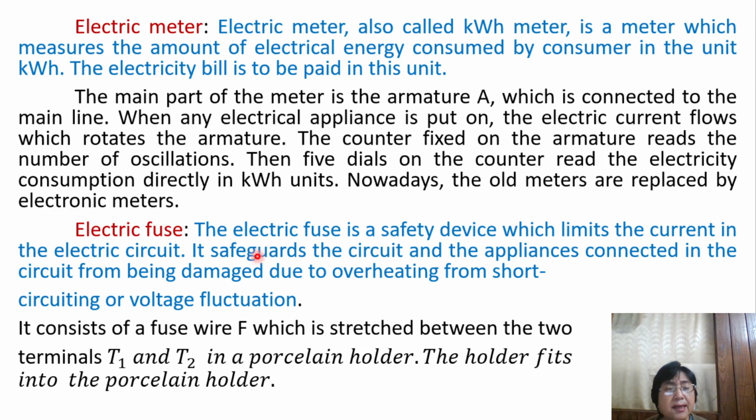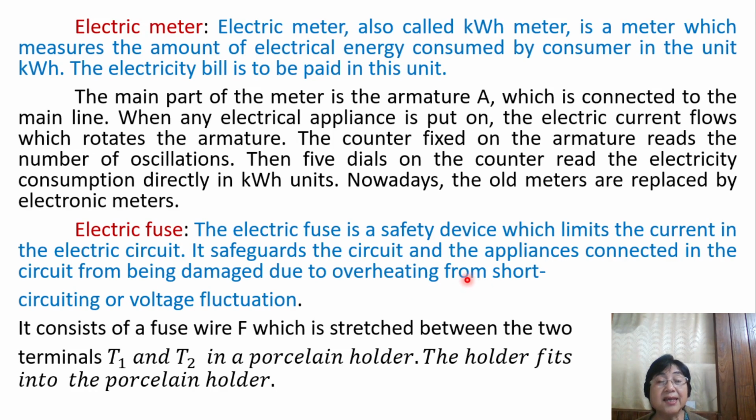Now, how does it safeguard? Here is how it safeguards. As I had given you an example just now, suppose we have a fuse of 5 ampere. Now, current of 10 amperes come into the circuit. So, when current more than 5 amperes passes through this circuit, then the electric fuse, because of excess current, will be overheated.